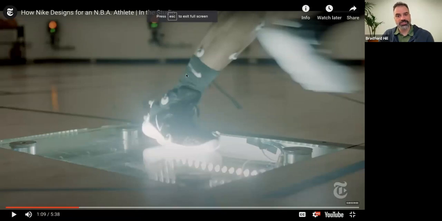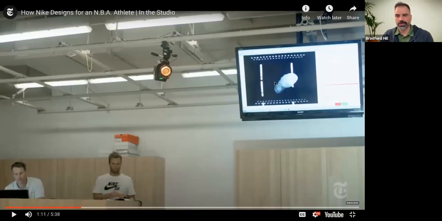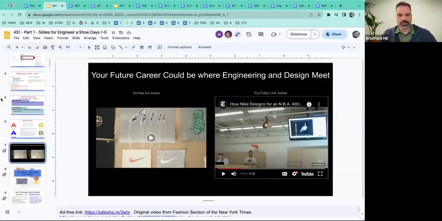But look at that, that's basically doing a foot strike, and then a little bit later they even show some of the data from it. Okay, so with that, I got myself off track, so I'm going to hand it over to Matt to wrap this piece up and take us to the next step.